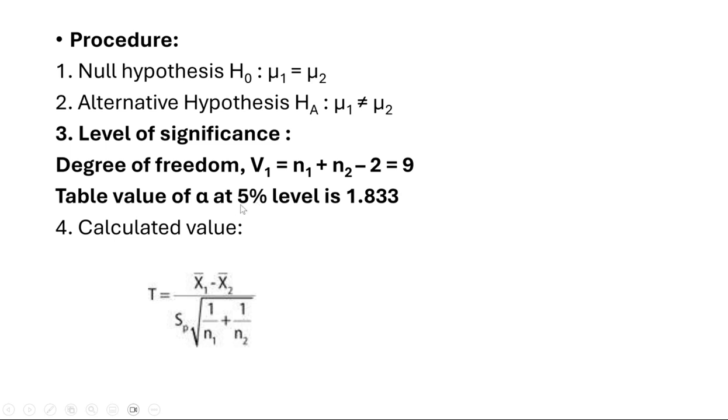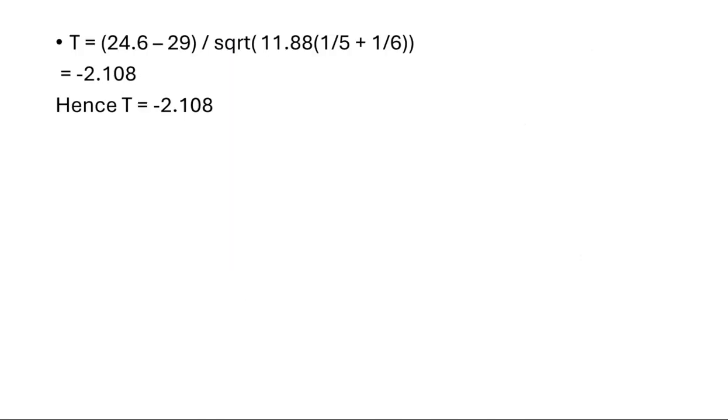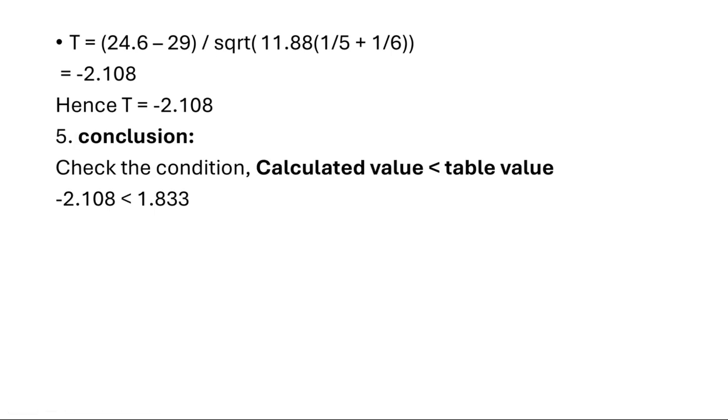So this is the table value of alpha at 5% level, and we have to calculate our own t distribution value from the given data by applying the values in this formula. You will arrive at a t value of minus 2.108 by applying the calculated values in the formula. Now the next step is to compare the calculated value versus the table value, whether the calculated value is less than the table value.